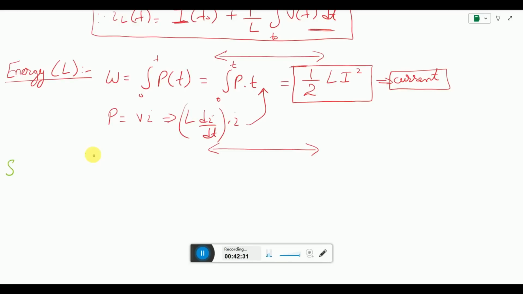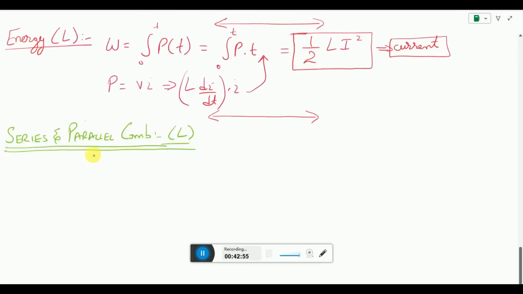So the principle remains the same as it was for resistors, because we know that if the inductor is working in a short circuit, it behaves as a simple wire.